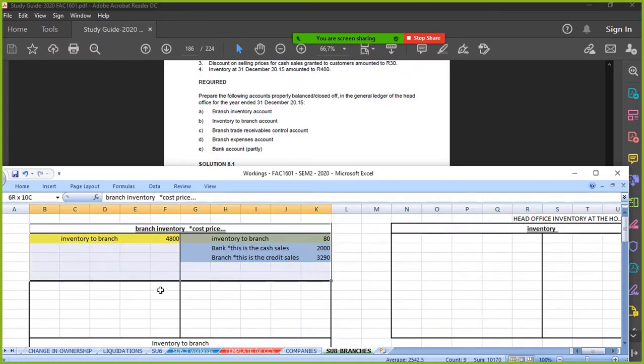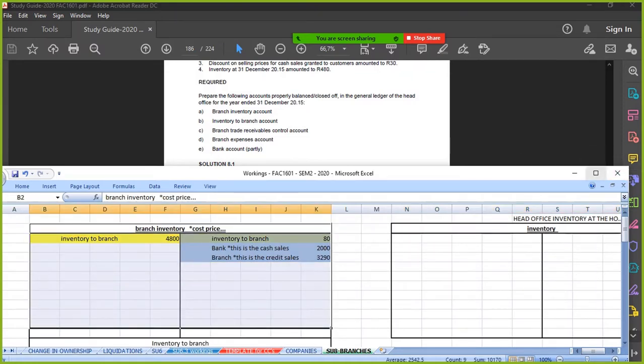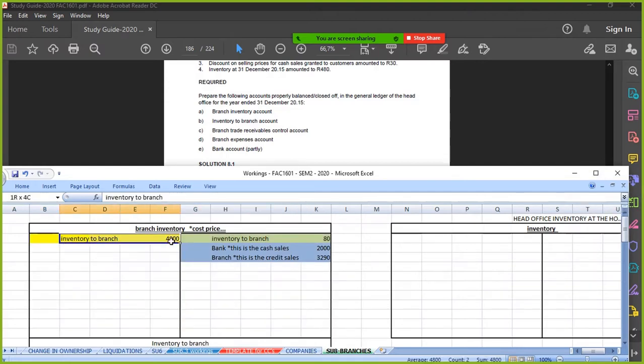Obviously, if you're looking at branch inventory, what is branch inventory showing us? What did we say earlier? Branch inventory shows the inventory that comes in and the inventory that goes out. Do you agree? What do we call the difference between in and out? If I'm looking at a branch selling stock, the difference between the goods that are coming in and going out.